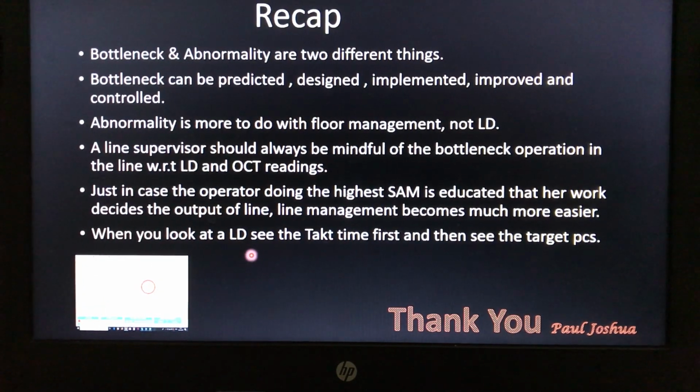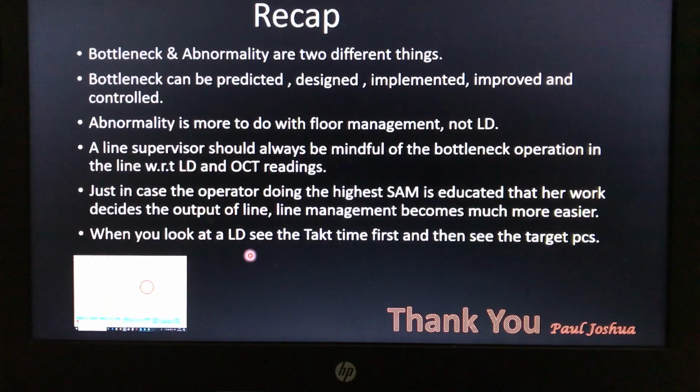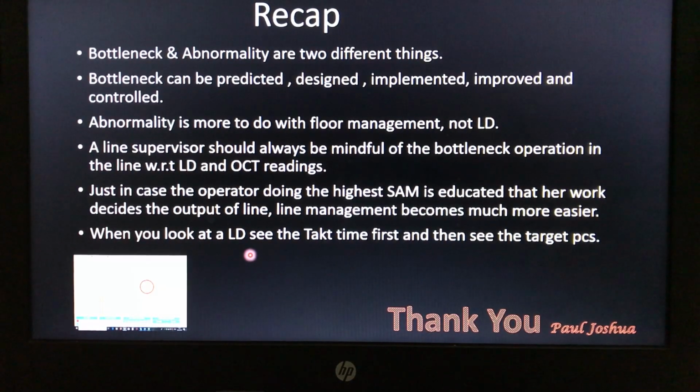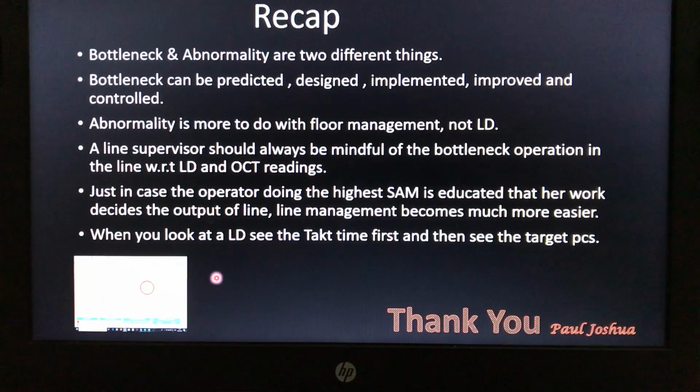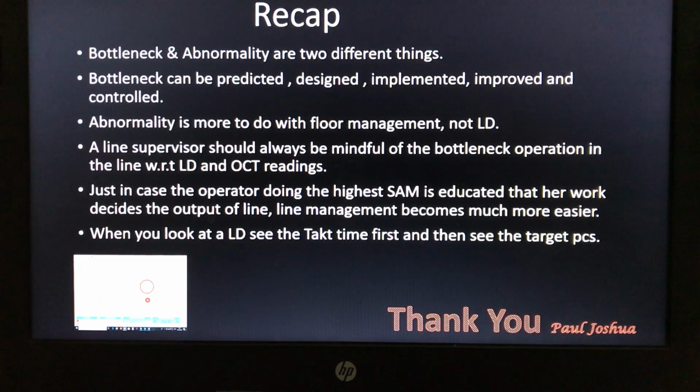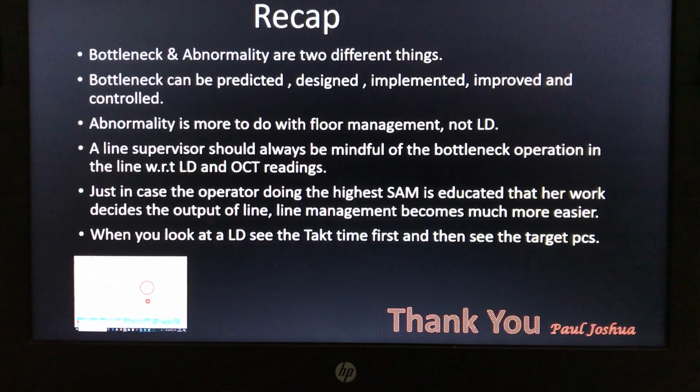So design efficiency, or the target pieces in line design, is not baseless. It has basis, and the basis is the highest SAM in the line, which you have chosen. The highest SAM is called the bottleneck in our context.